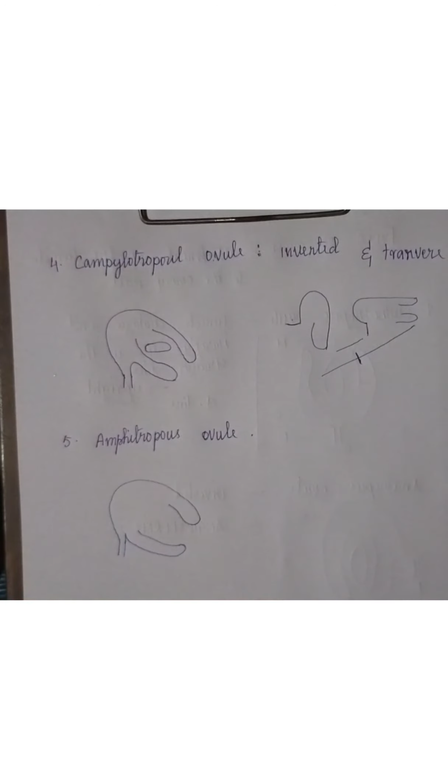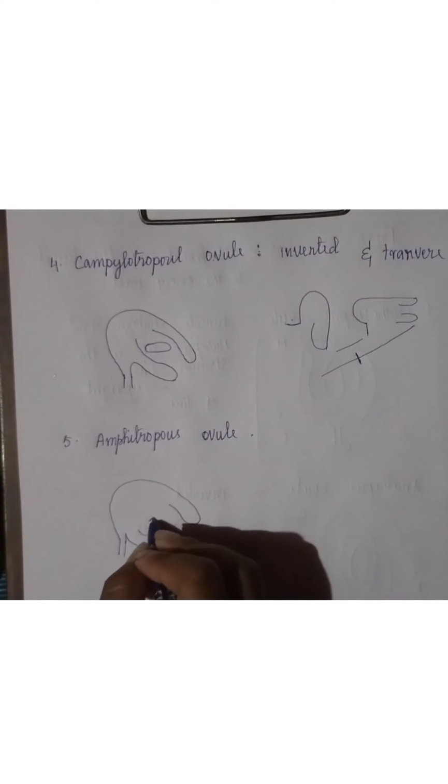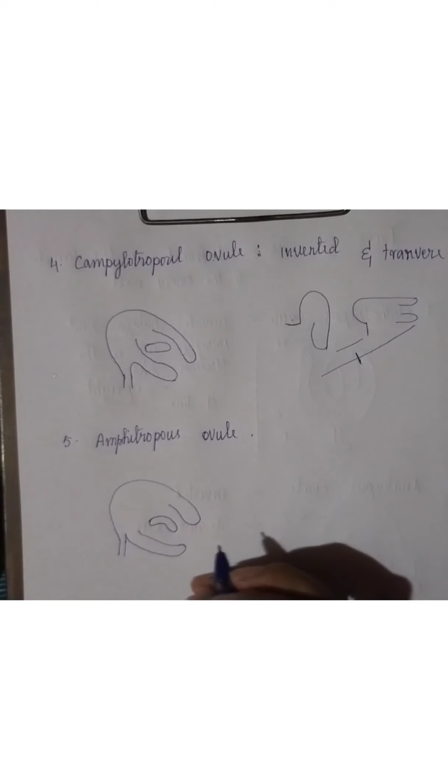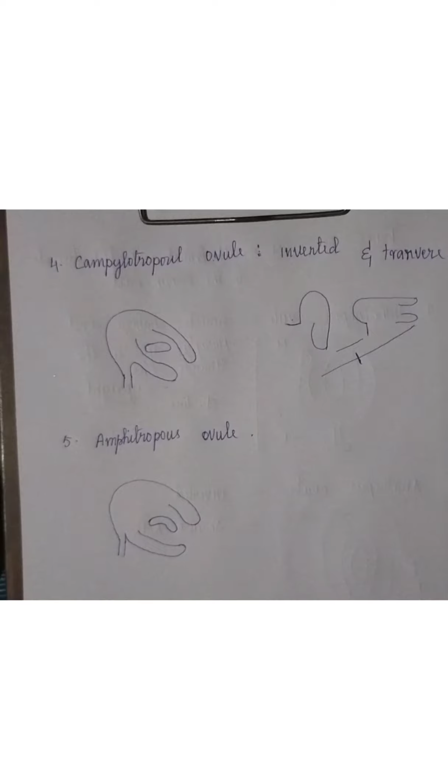But here the embryo sac shows bending, and the embryo sac is like a horseshoe.